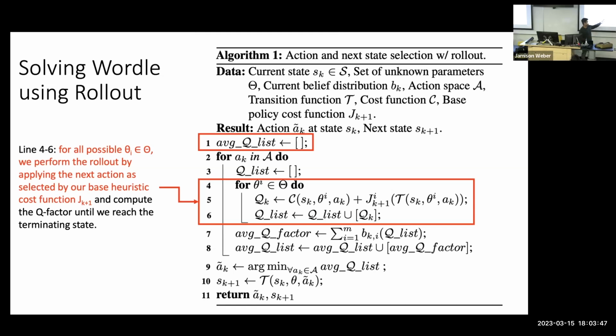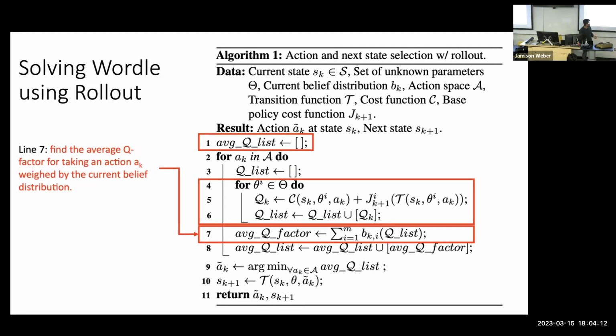We calculate the Q factor, dependent on the theta as well as the action. The next step action would be dependent on the cost, which is just like, if I'm playing this word, that would be a cost of 1, and what could be the total cost till the game is terminated. That is the value that J will give me eventually. And then I just append it to my list of Q factors for this particular theta.